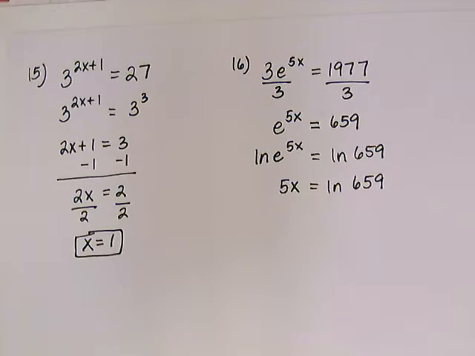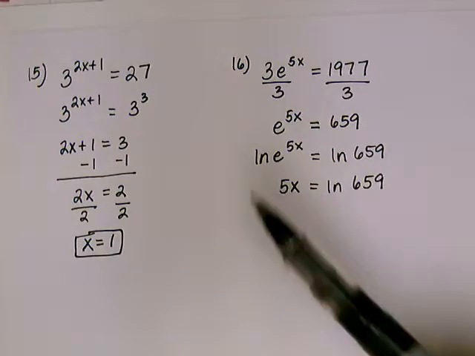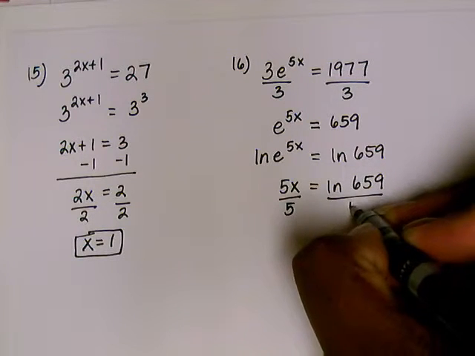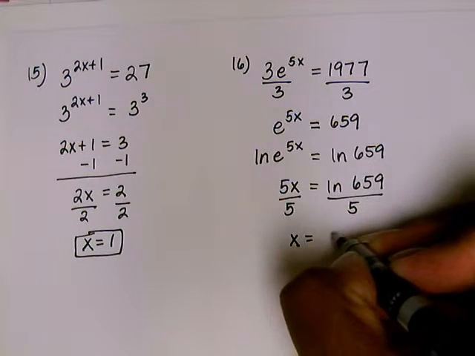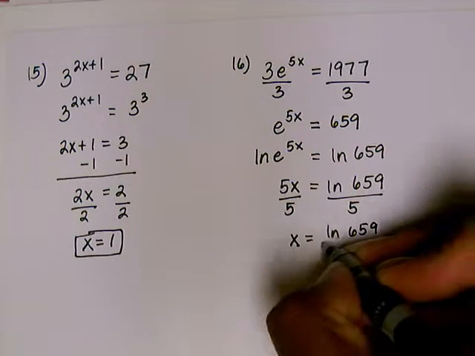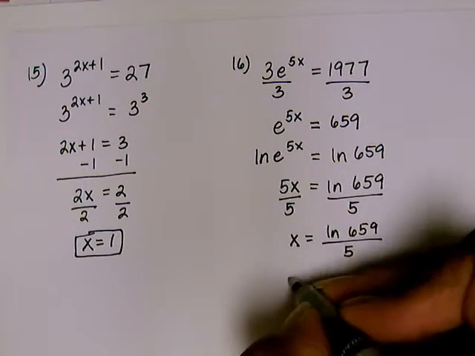That's one of those inverse properties of natural logarithms. Now I can get the x by itself. I'm multiplying it by 5, so I need to divide both sides by 5. So this will be x is equal to, I'll rewrite this as ln of 659 divided by 5.